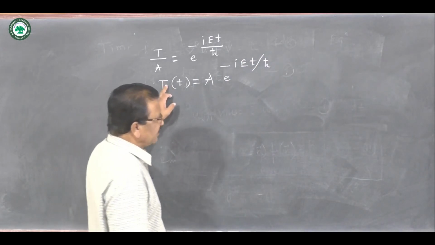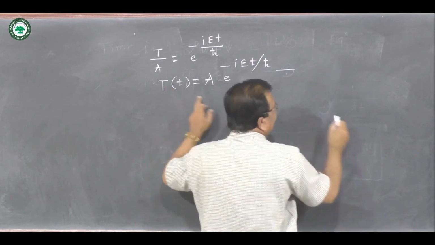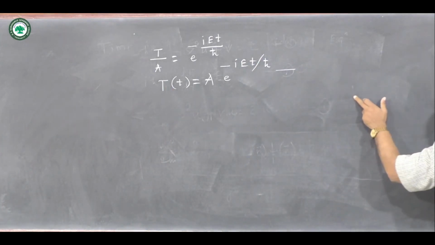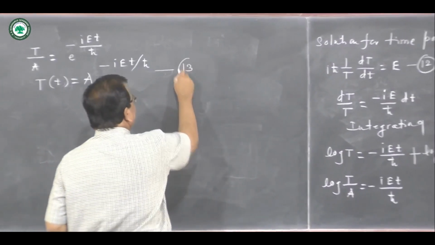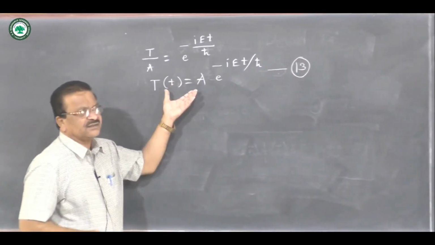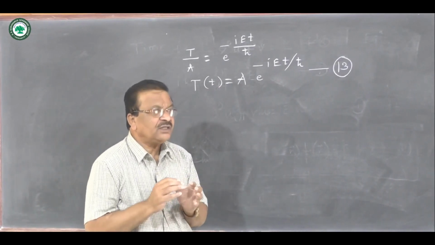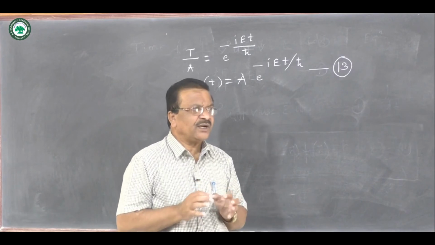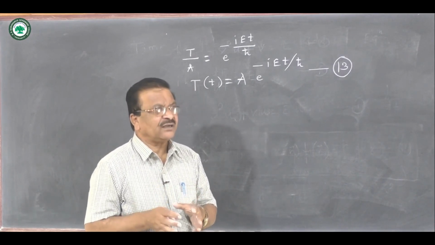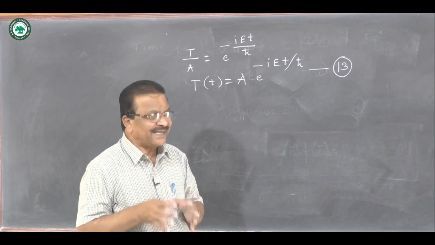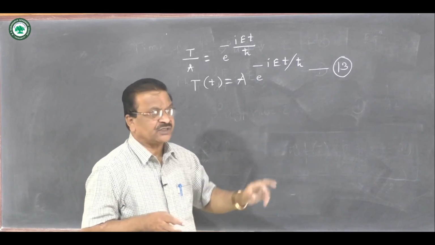So this is the solution of the time part. This is equation number 12, and this will become 13. This is the solution of the time part for all the problems in quantum mechanics in which potential depends only on r. The time part remains the same and is e raised to minus iEt by h cross.